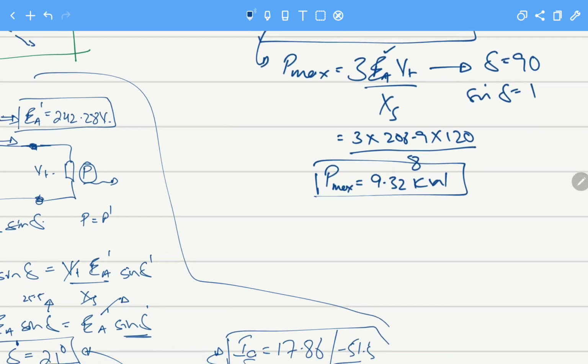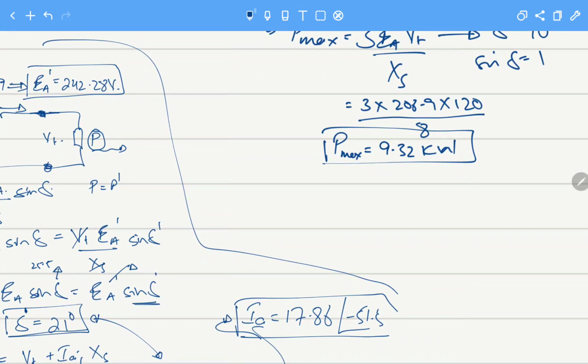Once we have this value, we can calculate the value of IA.